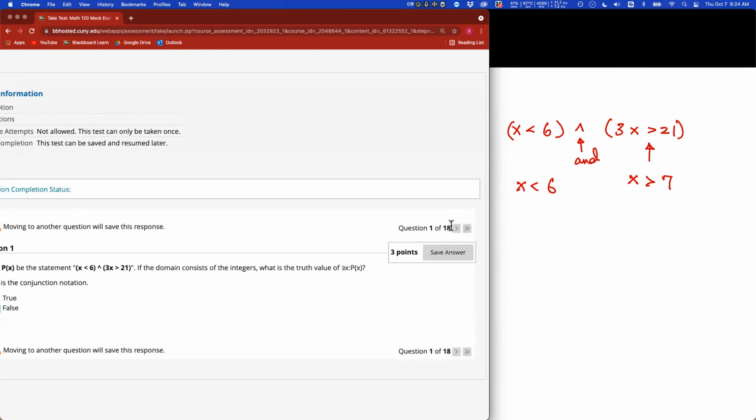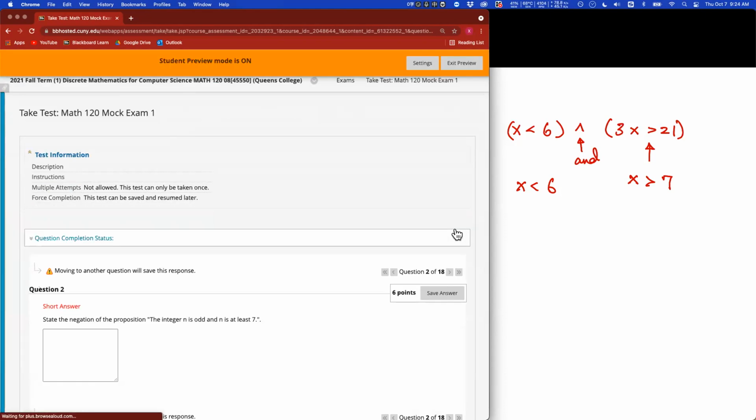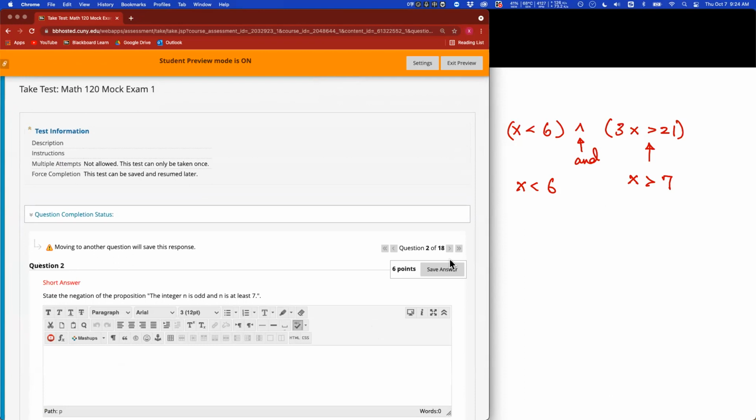Okay, I see people asking, can you go back to the previous question? Yes, if you look at the arrow here, this single arrow allows you to go between the questions, and then the double arrow will take you to the first question, then the last question.